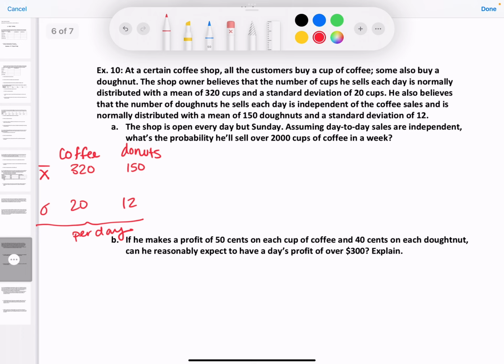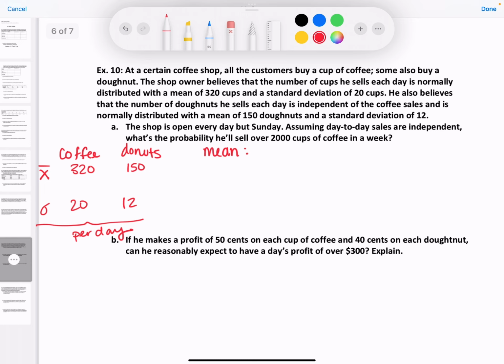So that's for each day, but we want to know about the entire week. So we need to change our mean from a day to a week. They're only open Monday through Saturday. So I want to find the mean for the week. How many cups he expects to sell in a week? So you divide 320 divided by 6.